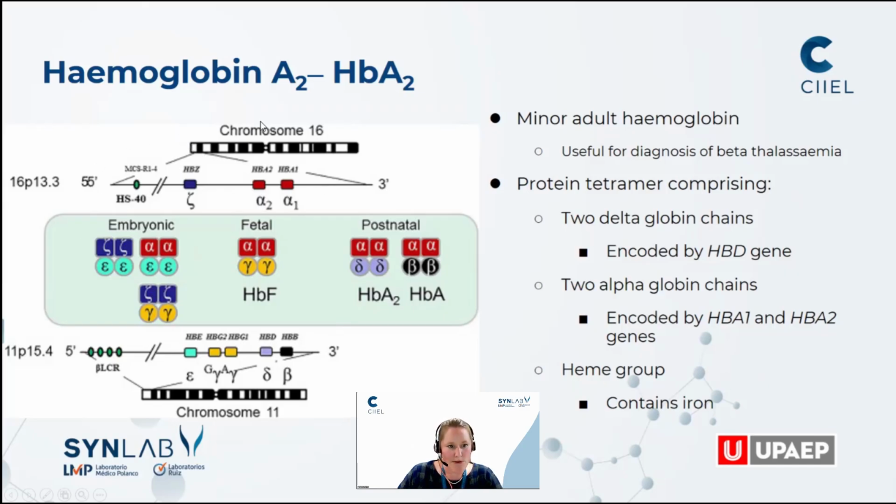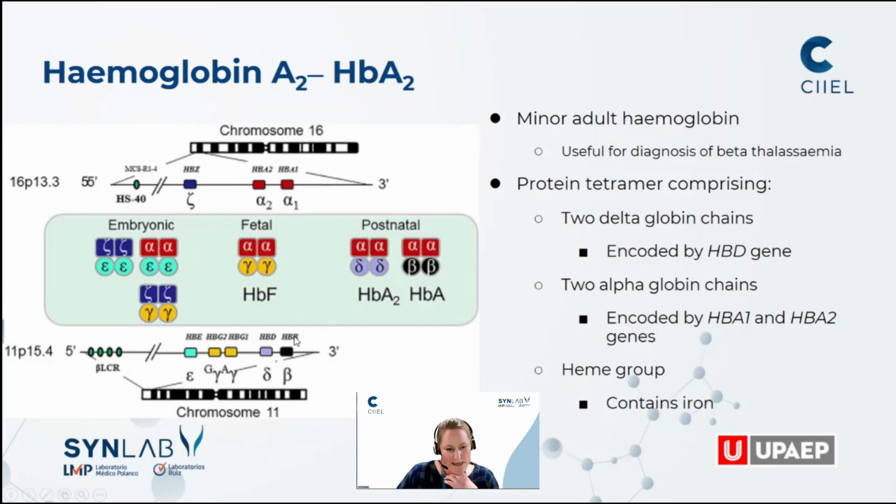At the top here, you can see the alpha globin gene cluster with your two alpha 1, alpha 2 genes, and then the little green circle is the HS40, which is the locus control region. So this is the region of the gene cluster which controls the expression of the alpha 1 and alpha 2 genes. And then at the bottom, you can see this is your beta globin gene cluster.